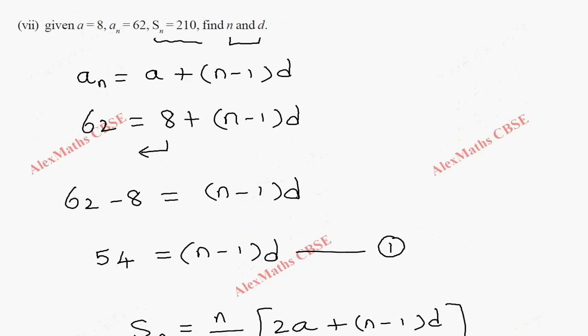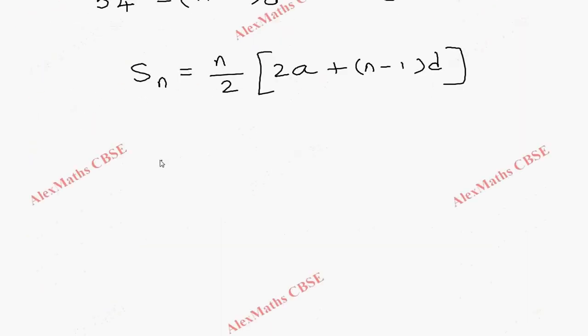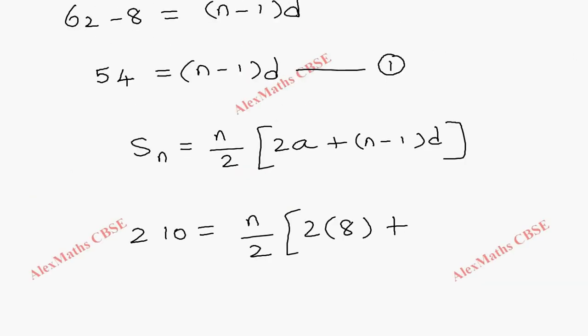From the question, we know the value of a as 8 and we know the value of Sn as 210. So 210 equal to n by 2, we don't know n, 2 into a value is 8, plus this (n minus 1) into d itself, from the first equation, it is 54. So in this place, we can substitute 54.